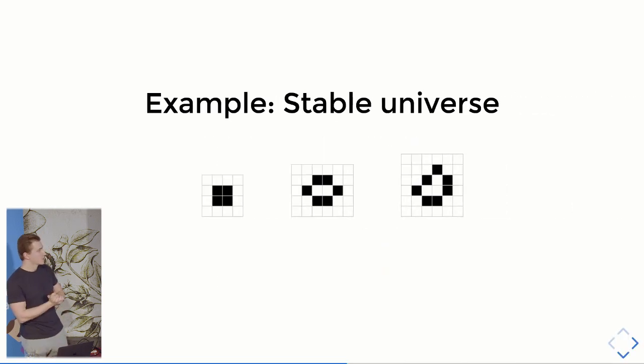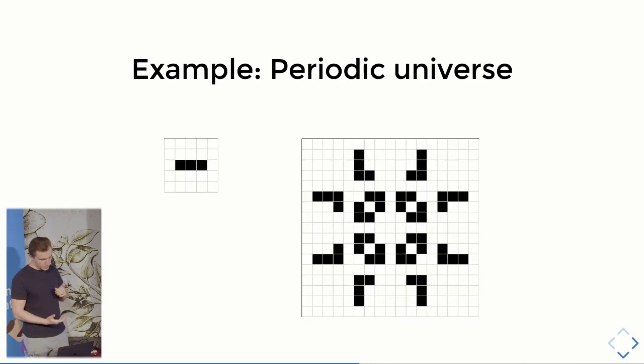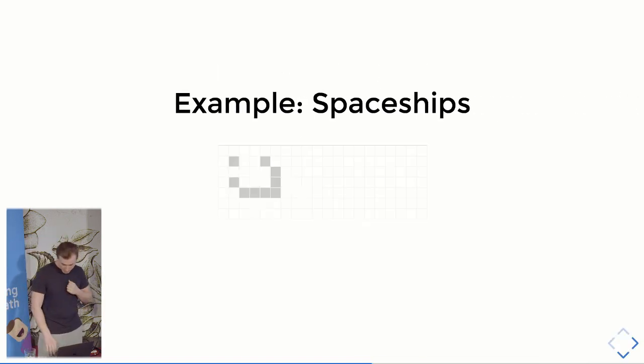And some of the examples can be like stable universes, where only rule number 2 gets applied, and it will not evolve any longer, no matter what generation we will take. Also, you get periodic universes. So on the right side, you have this weird thing that is called pulsar, and it gets back to the state it was like 3 steps before, I guess.